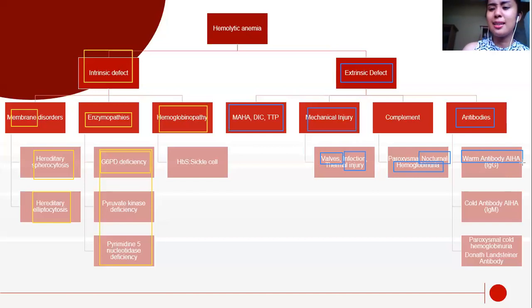Your IgG is very much dangerous kasi it can lyse your cells inside the body kasi body temperature. So your IgGs attach to your antigens and activate lysis, complement activation, ganyan, and it will break down your cells. Ito class called warm antibody autoimmune hemolytic anemia.